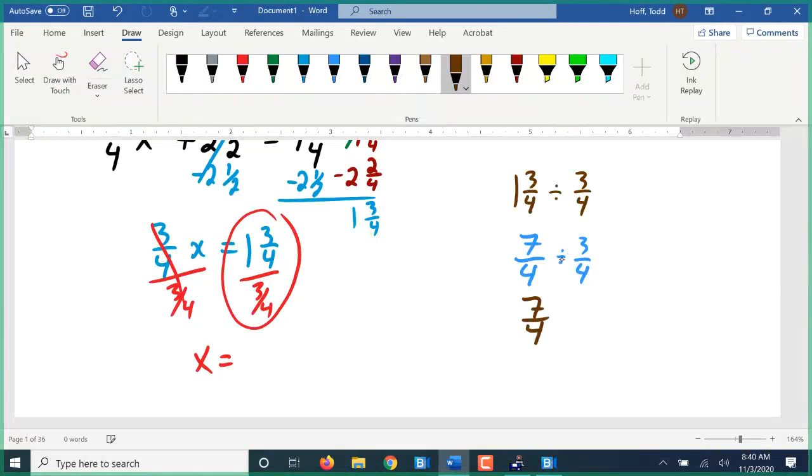The first fraction stays the same. It's the second one that gets flipped over. So instead of dividing by 3/4, we're going to multiply by 4/3. We can cross cancel the 4s, both divide by 4 to give us 1 and 1. That's 7/3 or 2 1/3.